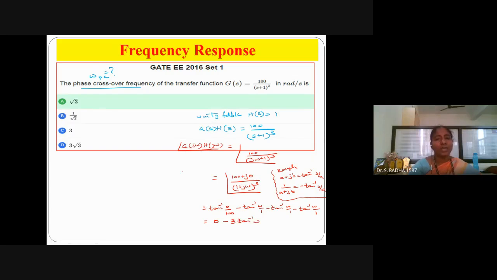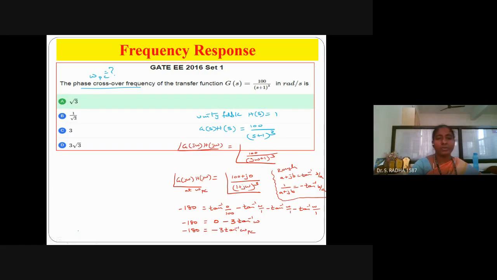How to calculate the phase crossover frequency? The angle of G(j omega)H(j omega) at omega pc is minus 180 degrees. So I have to equate this to minus 180 degrees. On the right side it is minus 3 times tan inverse, and in the place of omega, now it is omega pc.